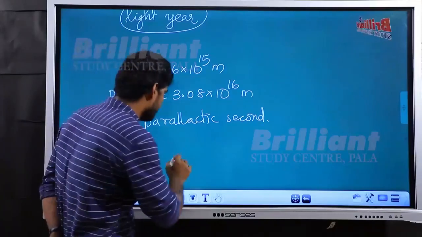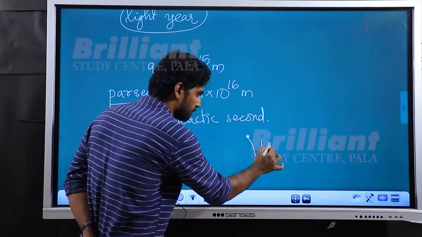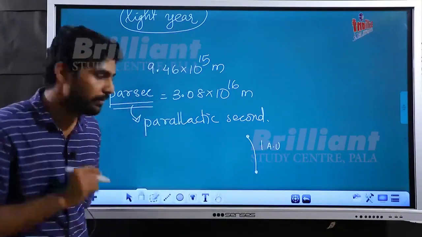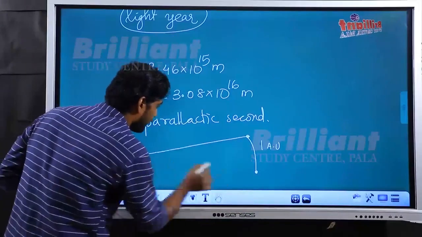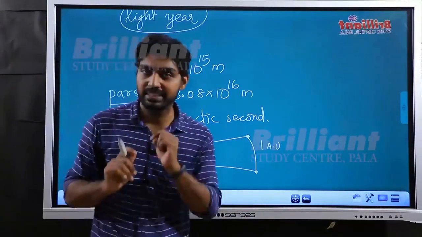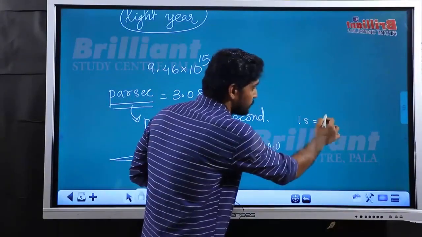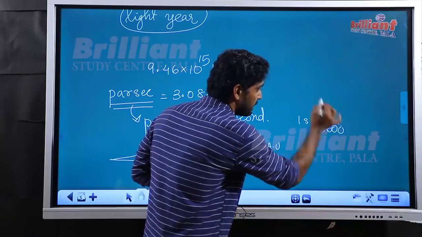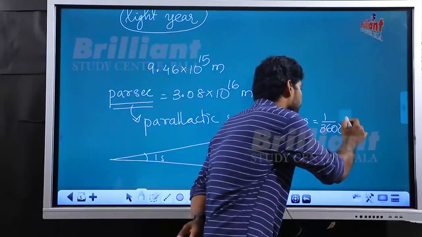Parallactic second, what it means is that if we have an arc of length 1 astronomical unit and the angle is 1 second, okay, 1 second as an angle is 1 by 3600 times a degree.